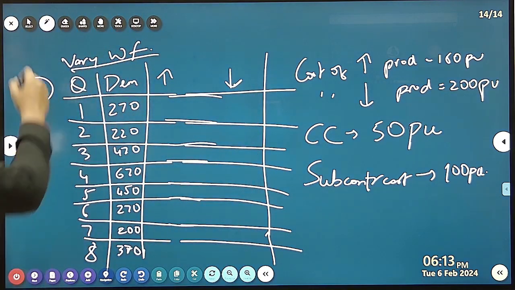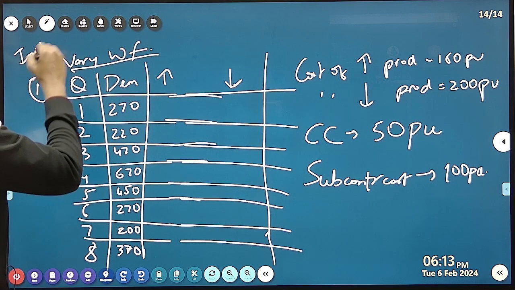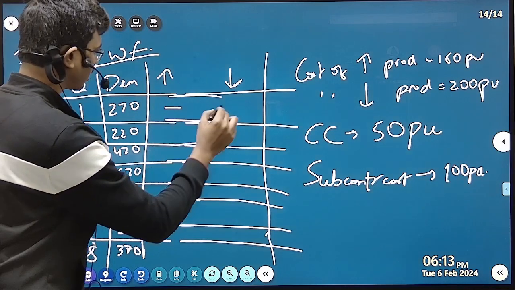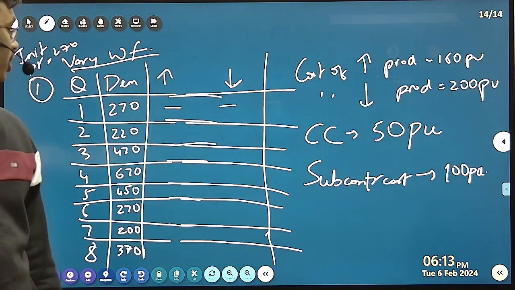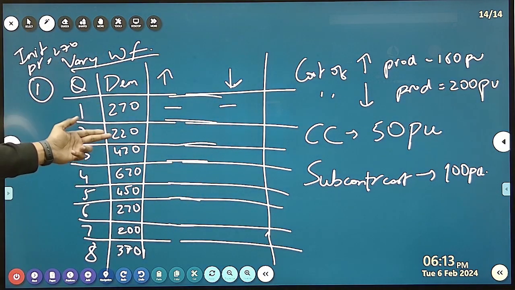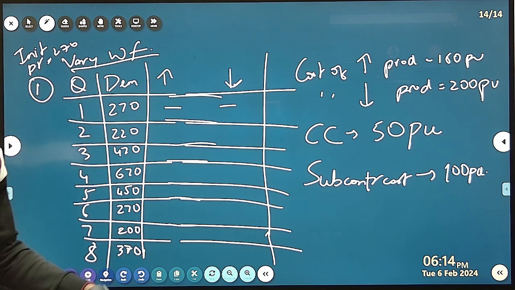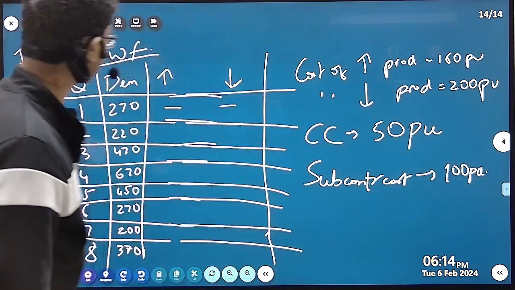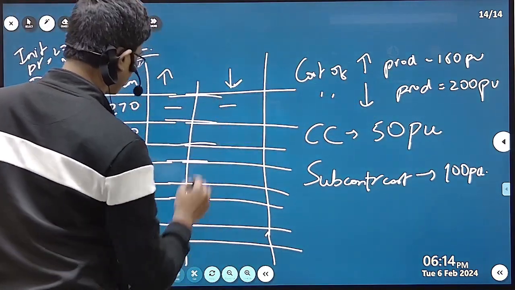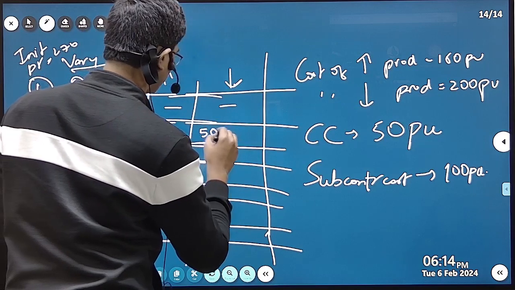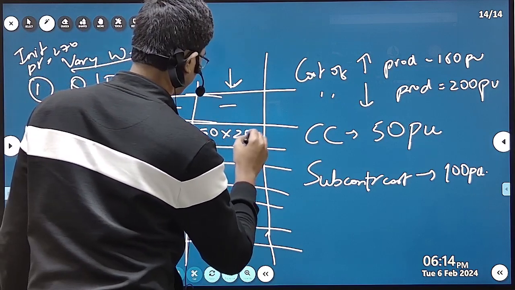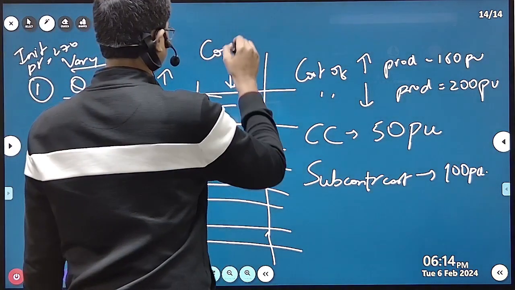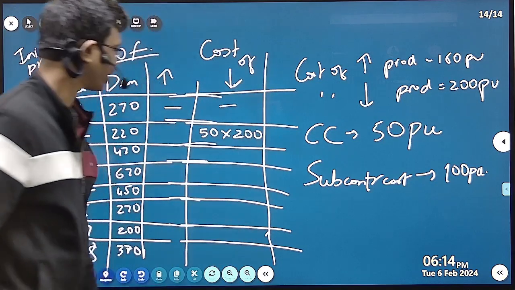So let us say our initial production rate is 270. So as we start off with 270, there are no costs. Now from 270 we are going to 220 in the next quarter. So this is decreased by 50 units. So how much would that cost? This is decrease, that is 50 units into 200 per unit. Right. This is our cost of decrease, cost of reduction of our production.